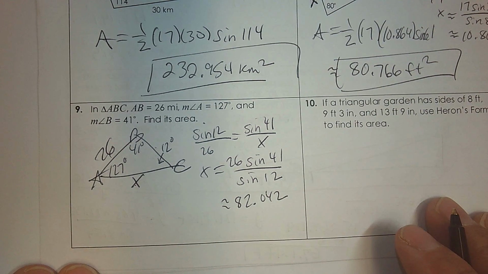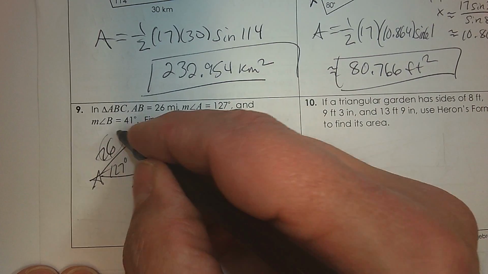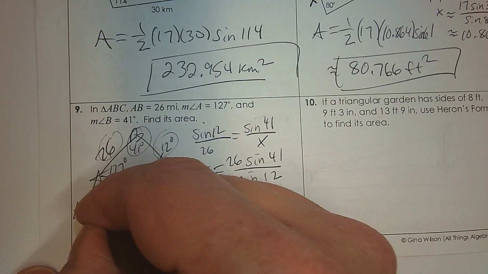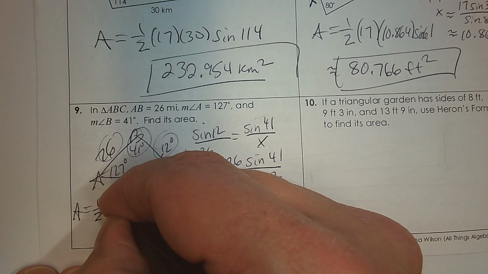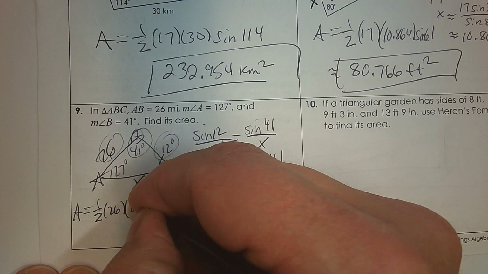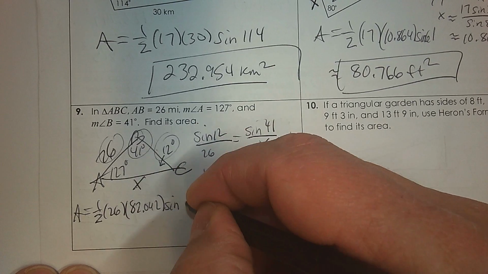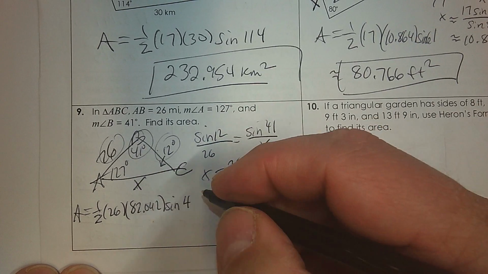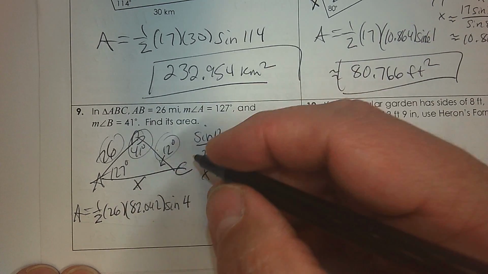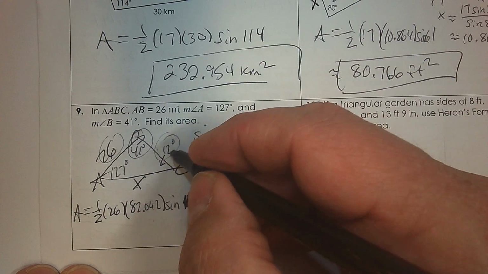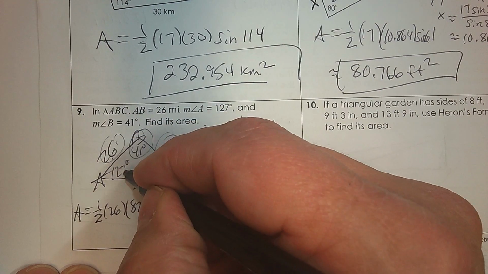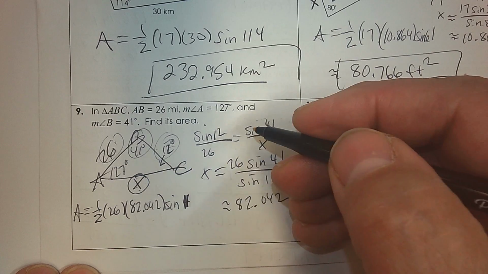Then I have side, angle, side. So I'm going to go, area is 1/2 26 times 82.042 times the sine of the angle in between them, which is 41. No, which is 127. It's side, angle, side. Haha. So it's 127.